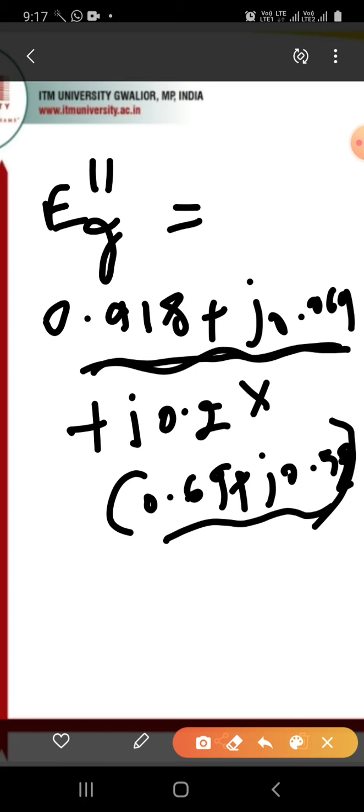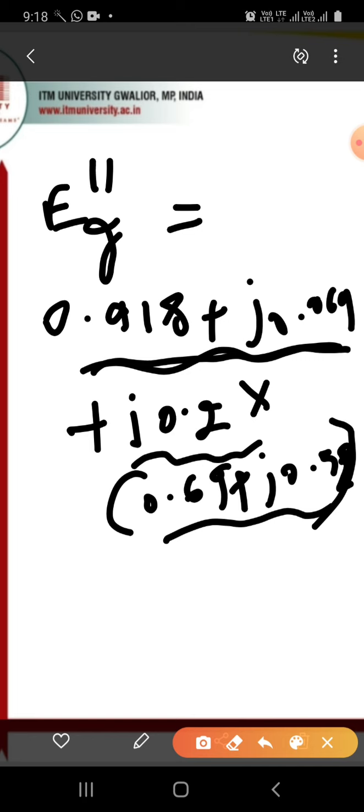As per the question, the subtransient reactance is 20%, so in the place of reactance I have written j 0.2, and we have already calculated the current, which is 0.69 plus j 0.52.